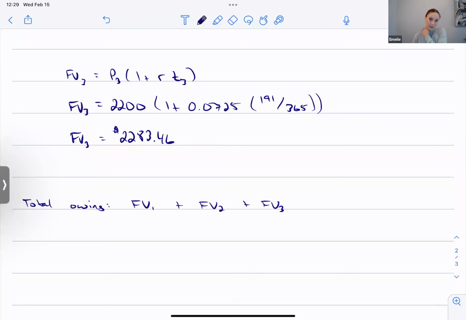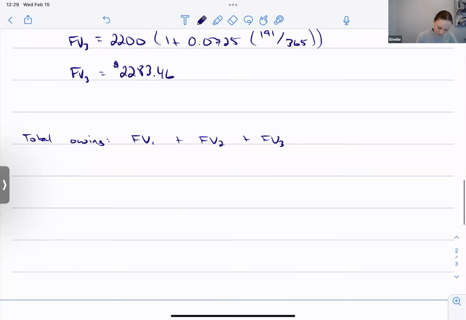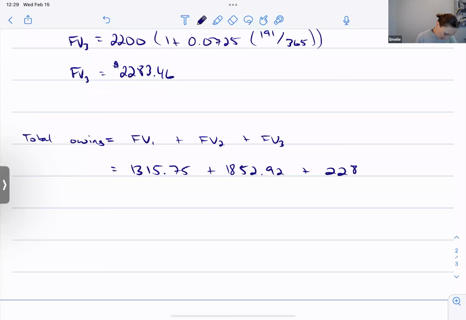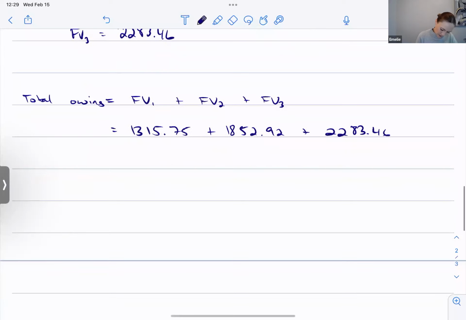We already mapped that out, right? So this becomes $1,315.75 plus $1,852.92 plus $2,283.46, which means that she would have to pay $5,452.13.